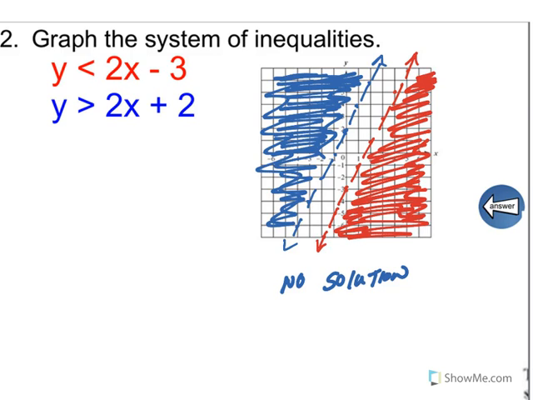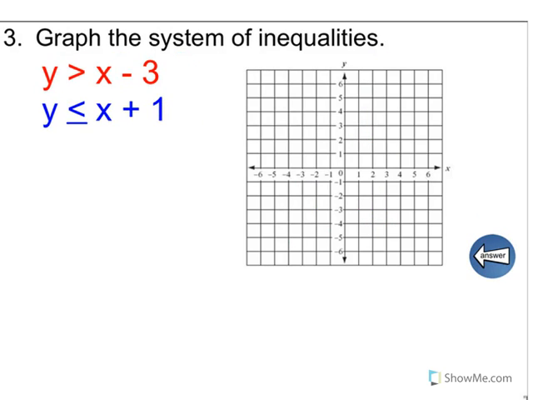So with parallel lines, when graphing, if there's no overlap, then that would mean there's no solution. Let's look at the next one. So y is greater than x minus 3, so again we have parallel lines. This says start at -3, has a slope of 1.